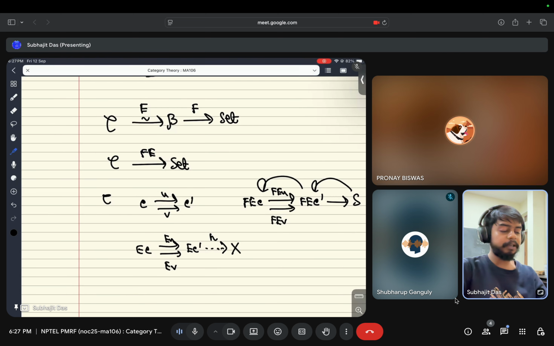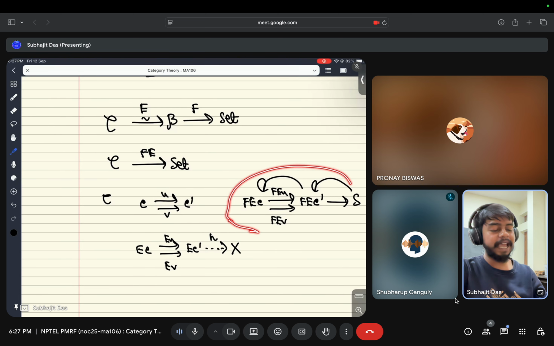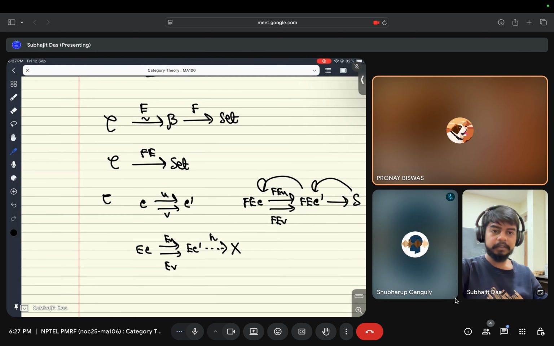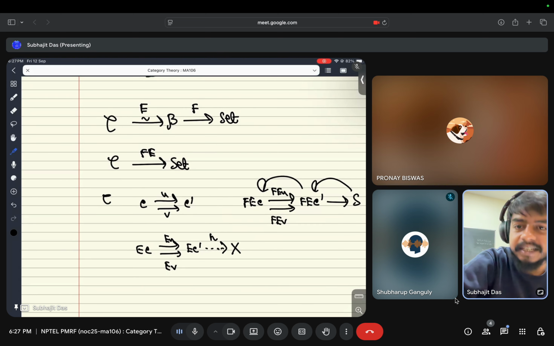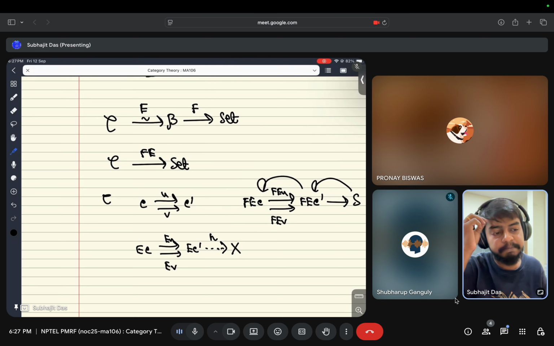And this will be preserved under the action of FE. Okay, yeah, so FE is definitely monadic. But there was no need to employ the monadicity theorem for this. You can just directly understand this by using the definition of monadicity.